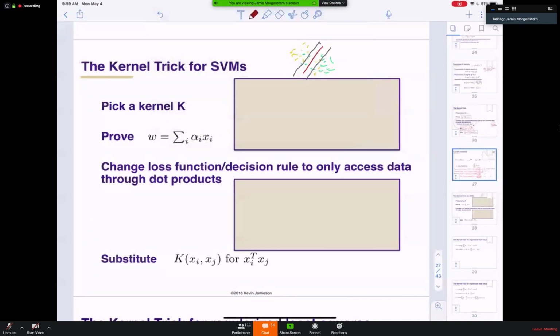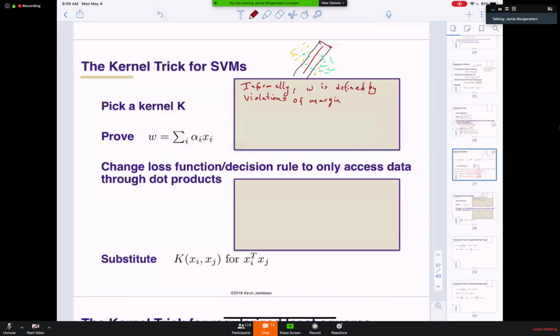So informally, W is defined by violations of the margin.